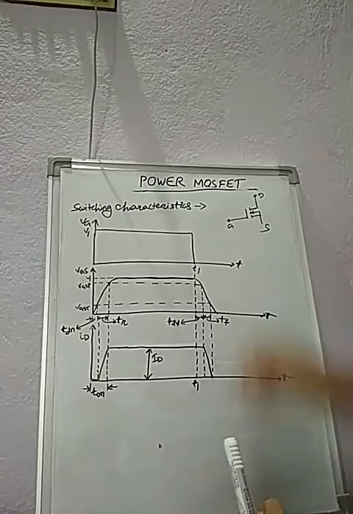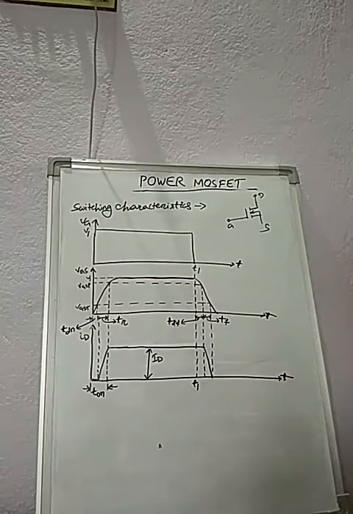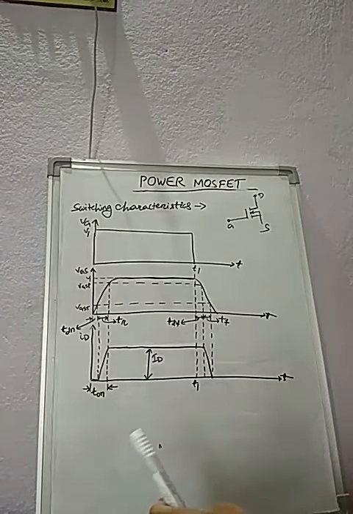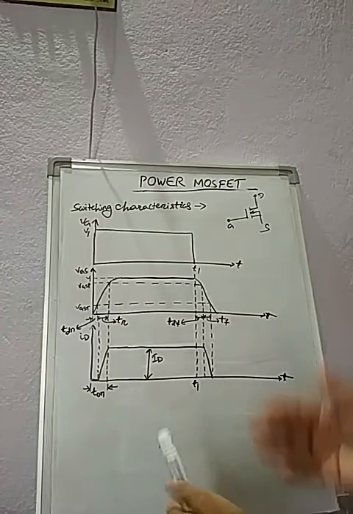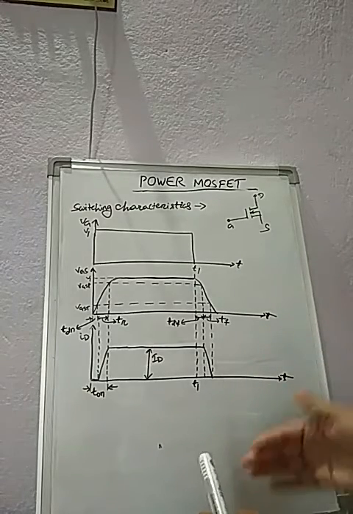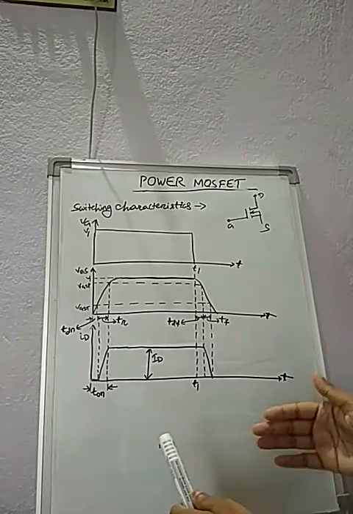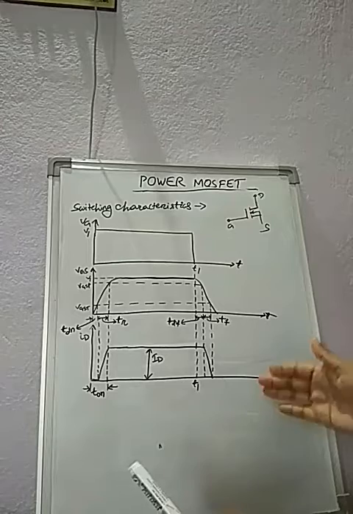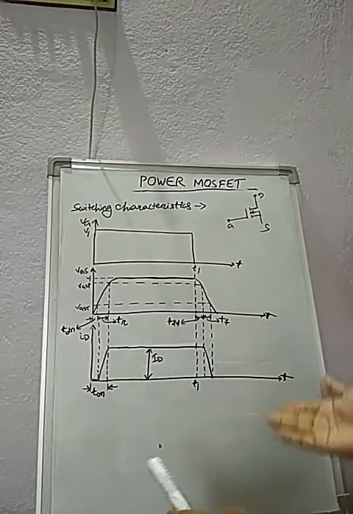Here in the switching characteristics, we will study the turn on and turn off characteristics. That means during turn on time and turn off time, what changes occur in parameters like drain current, gate source voltage, etc.